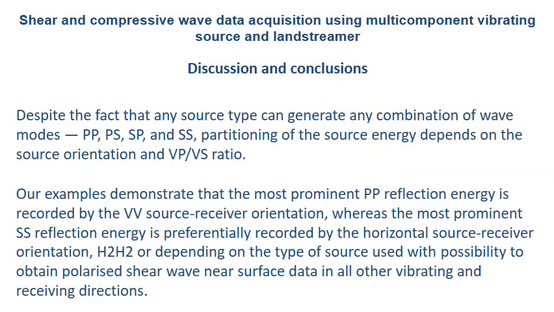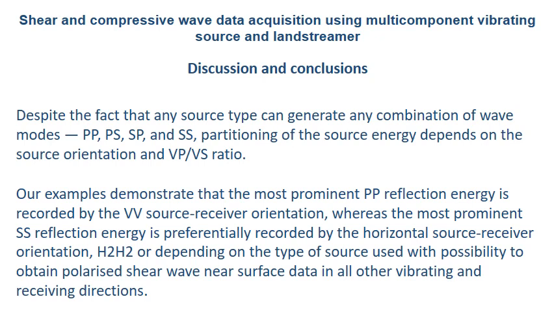In conclusion, despite the fact that any source type can generate any combination of wave modes, PP, PS, SP, and SS, partitioning of the source energy depends on the source orientation with the VP-VS ratio.